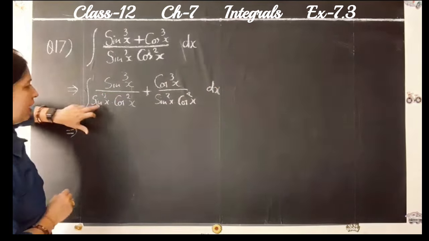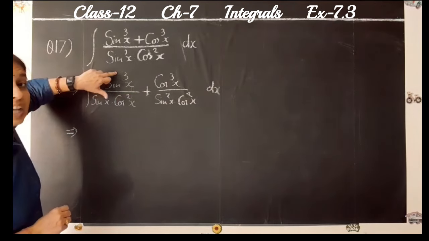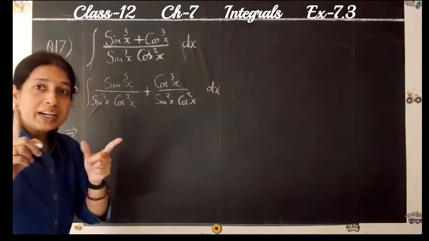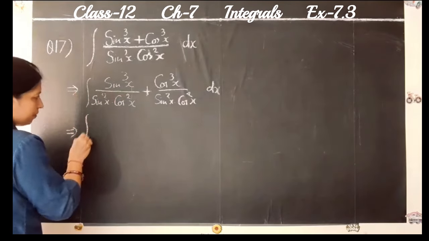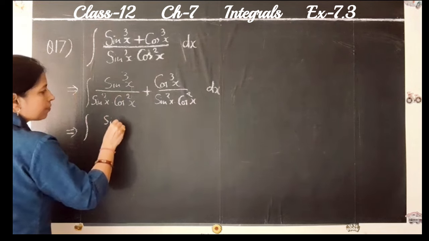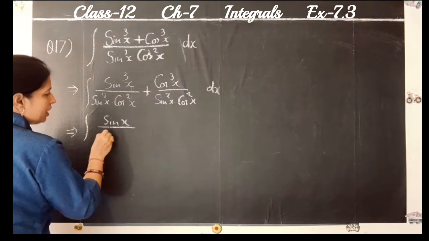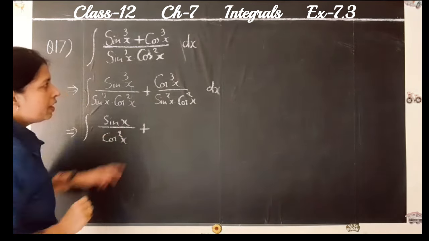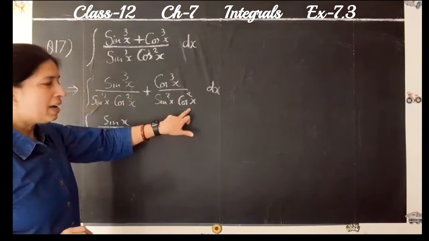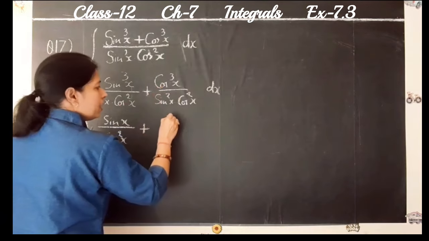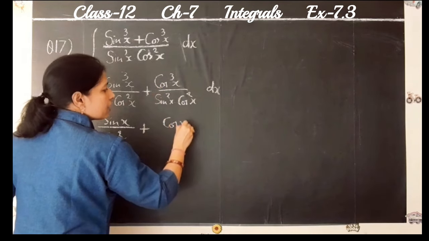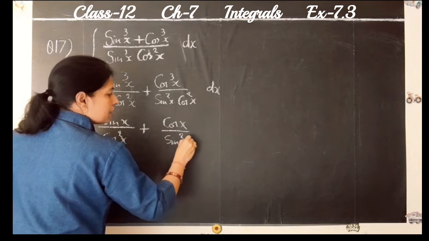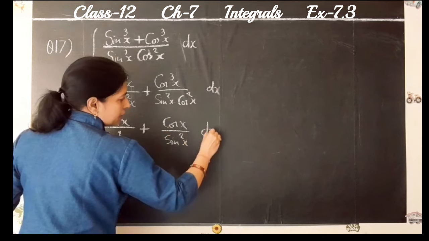Now here it is given sin square x, here it is sin cube x. When we divide sin cube x by sin square x, we get sin x. So it will be sin x divided by cos square x, first one. Then here it is cos cube x divided by cos square x. So it will be cos x divided by this sin square x as it is. And write this dx.